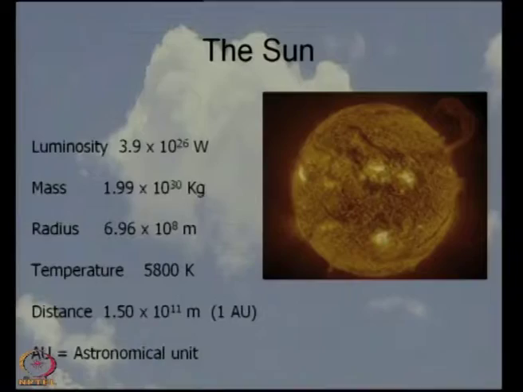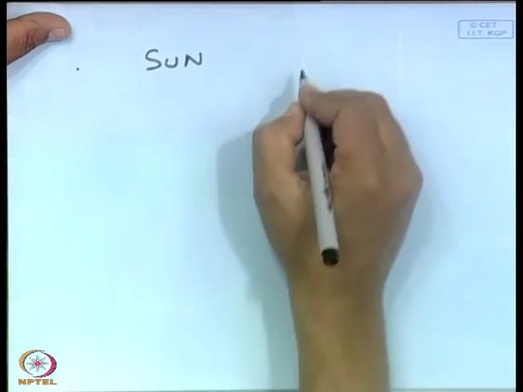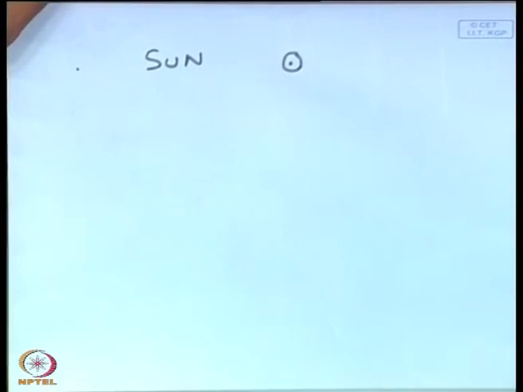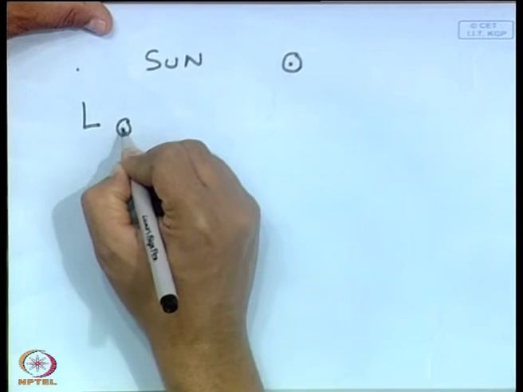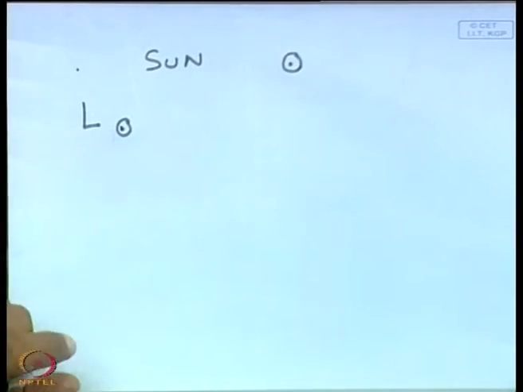It is like a bulb, a 100-watt bulb emits 100 joules per second. So, the sun has luminosity which is denoted by L. Anything with reference to the sun is denoted by this, a circle with a dot in the center. The luminosity of the sun, the solar luminosity, is denoted by this, and it is very commonly used in astrophysics and cosmology.